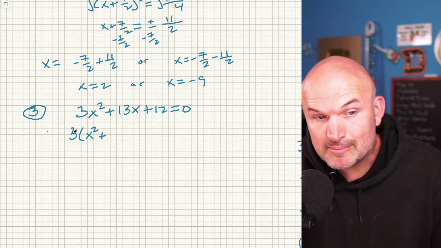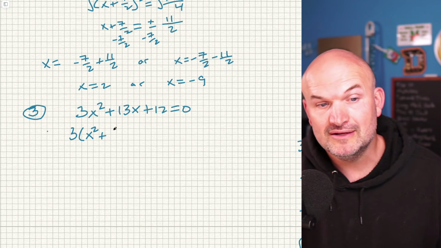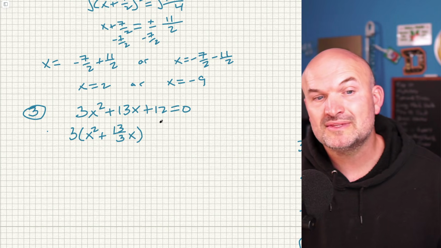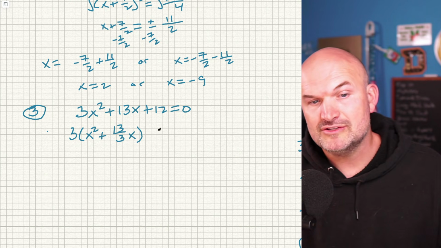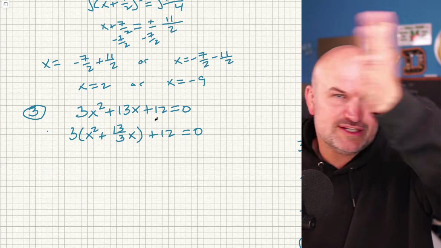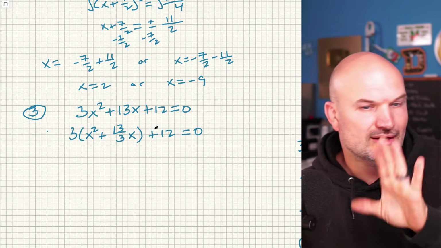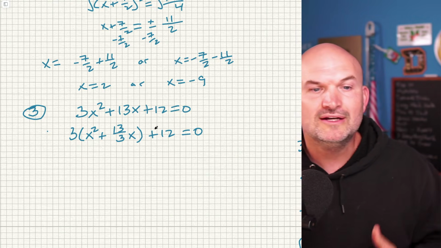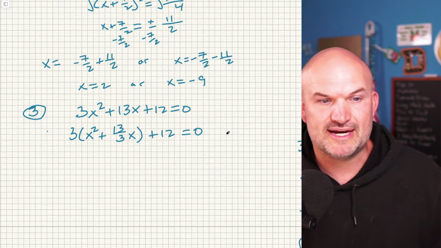Over here, I can't divide the 13 by 3, so I'm going to have to rewrite this as a fraction, 13 divided by 3 times x. Now, I'm not concerned about the 12, so I'm just going to leave that on the outside. You could subtract it over to the other side, which would probably be preferred, but I'm just going to leave everything for accounting purposes, so you can compare to the other examples. I'll just leave it on the same side.